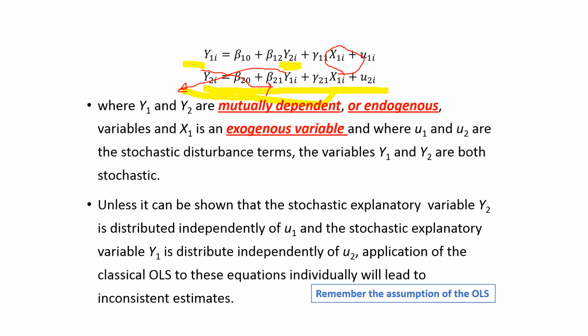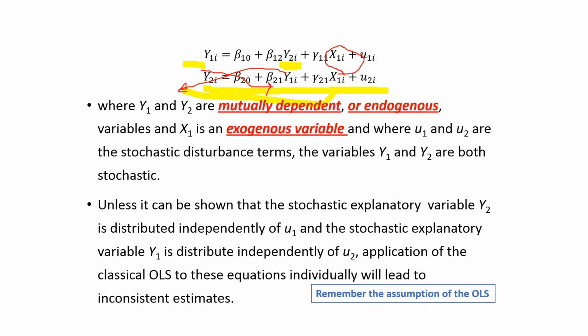The endogenous variables are the variables that are switching places between explanatory and dependent, while the exogenous variables are the variables that are completely explanatory. They appear only on the right hand side of the equations. So in simultaneous equations, we have two types of variables, the endogenous variable and the exogenous variable.